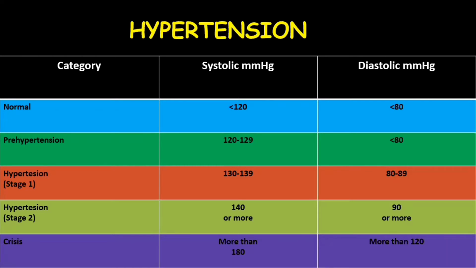Hypertension stage 2 means a systolic blood pressure of 140 or more over a diastolic blood pressure of 90 or more. And afterwards, hypertension stage 3 or crisis hypertension is defined as a systolic blood pressure of more than 180 over a diastolic blood pressure of more than 120.